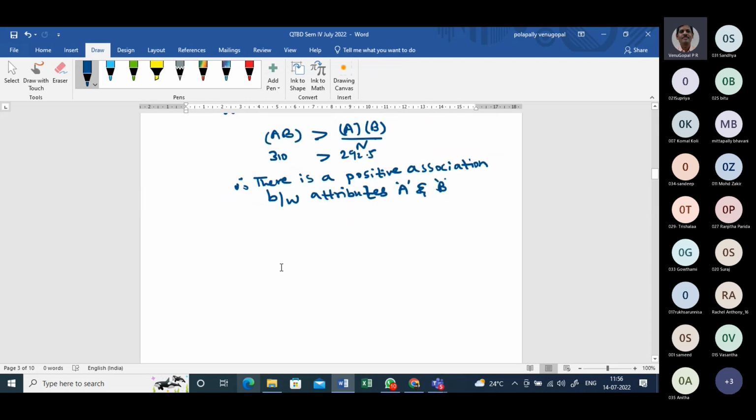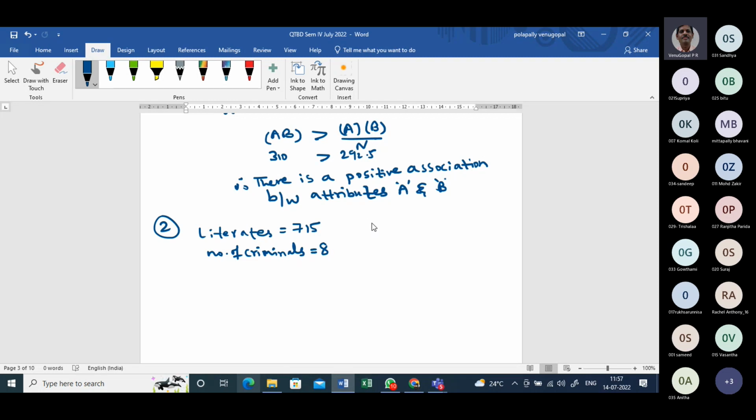Now moving to the second question. Out of 715 literates, how many literates I have taken? 715 in a particular city in India. Number of criminals is equal to how much? 8.